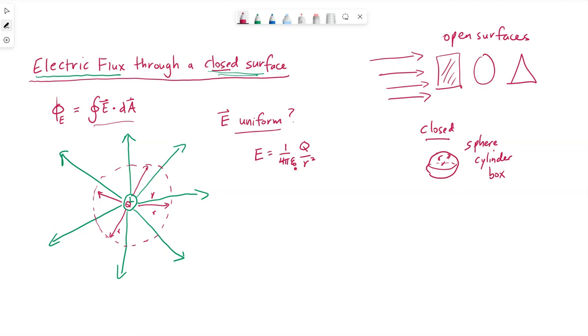Now we do need to imagine this as a sphere because I want this to be a closed surface. Three-dimensional drawing is not my forte, but we'll try.